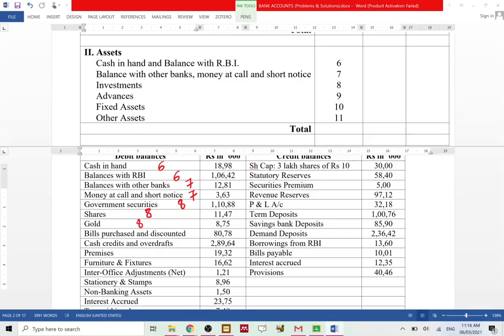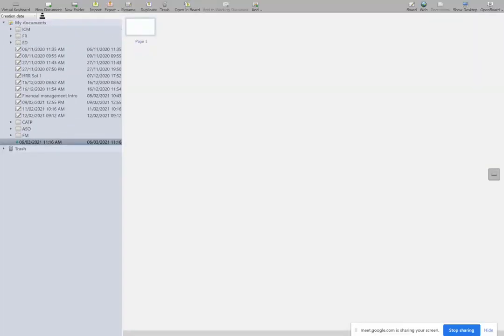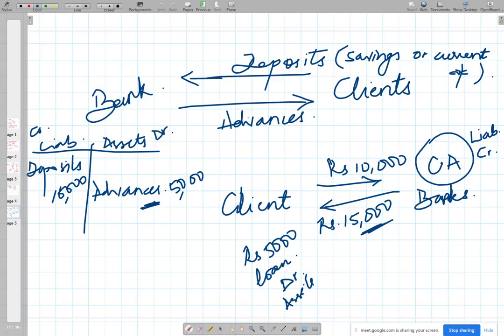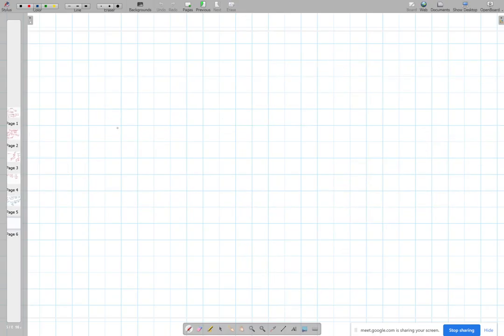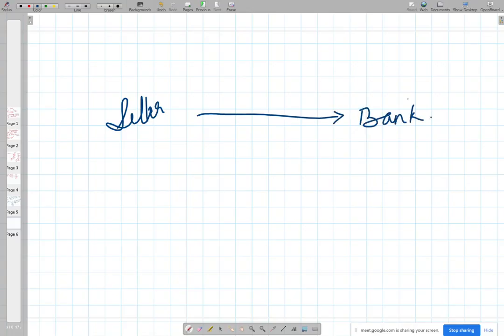If you're getting confused by what I'm saying, let me show you in a more illustrative form. We know the whole concept of bills discounted, right? We've done it several times. When the seller, the drawee who has the bill with him, wants the money as fast as possible, he approaches the bank and gives the bills for discounting.